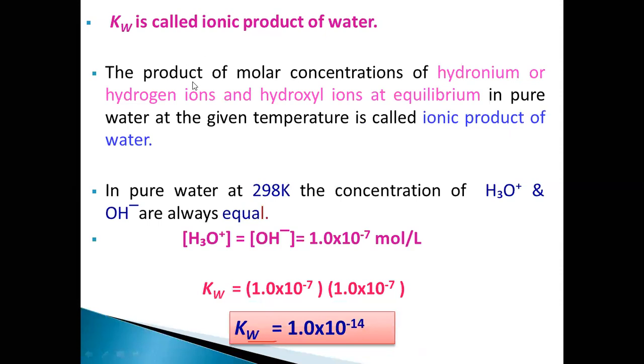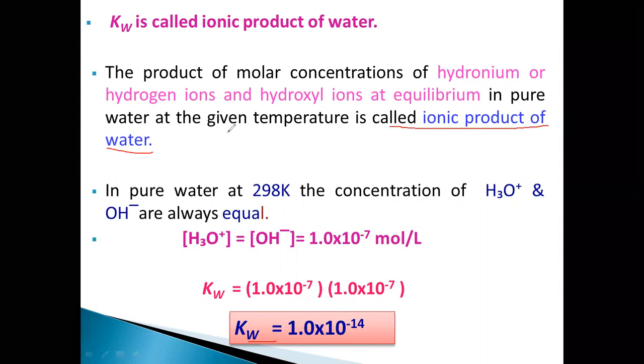I repeat, the product of molar concentration of hydronium or hydrogen ions and hydroxyl ion at equilibrium. Equilibrium condition is very, very important because all those terms hold at equilibrium condition in pure water at a given temperature, called the ionic product of water.